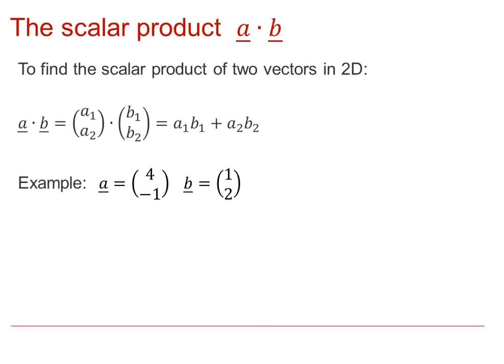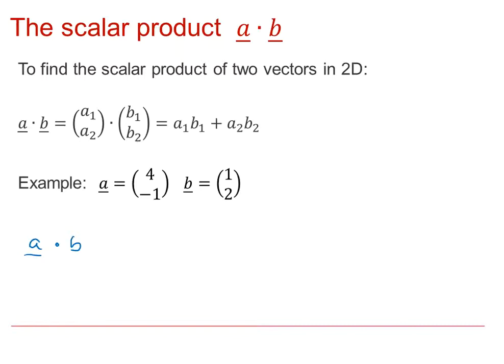To find the scalar or dot product of two vectors in two dimensions, we would write this as A dot B equals elements a1, a2 dot b1, b2, and that would equal a1 b1 plus a2 b2. In this example here, we have vector A equals (4, -1) and vector B equals (1, 2).